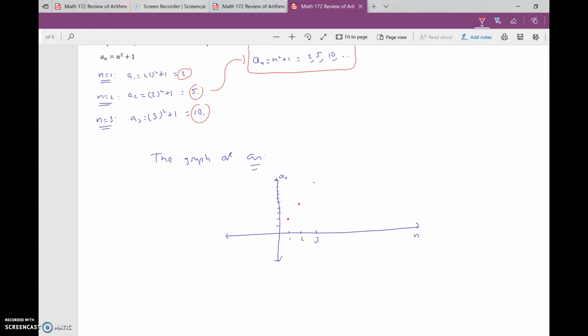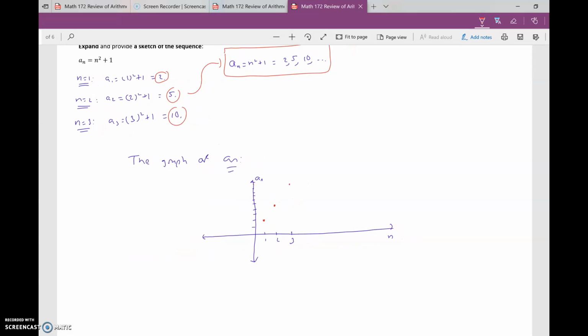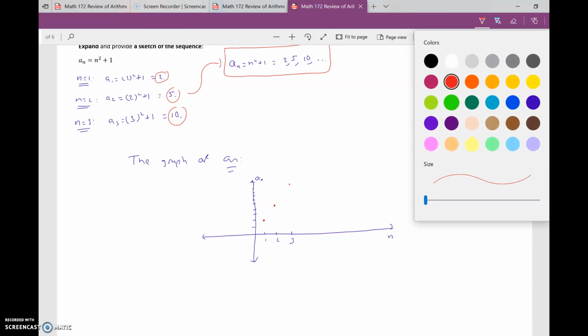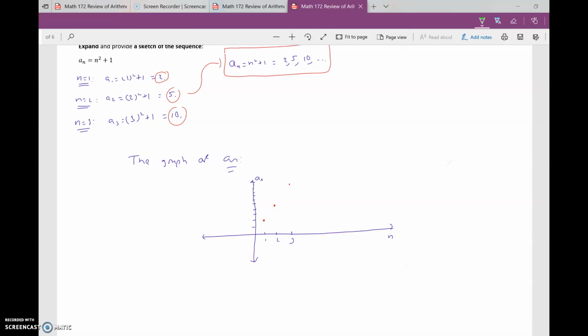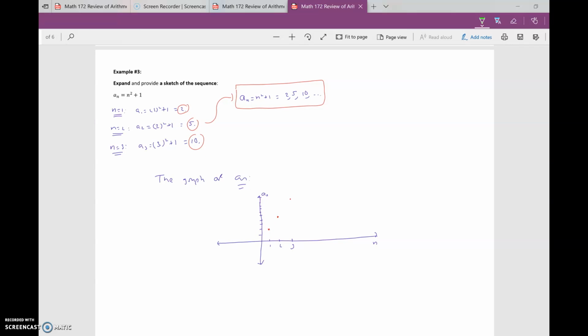Okay, that's actually it. Let me just put in the parabola that I was mentioning, and then I'll remove it. So if it had been a regular function, like f of x is equal to x squared plus 1, the domain of this one is all real numbers. So every number on the number line, you would have had this to be your parabola.